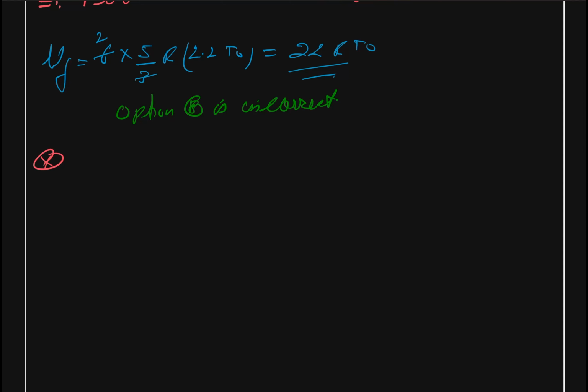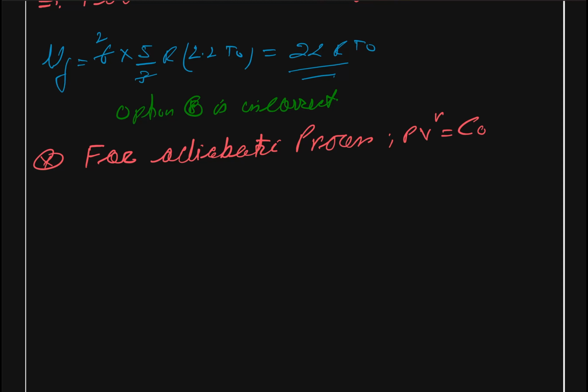So we can say, because it is an adiabatic process, we know that PV raised to power gamma is equal to constant.